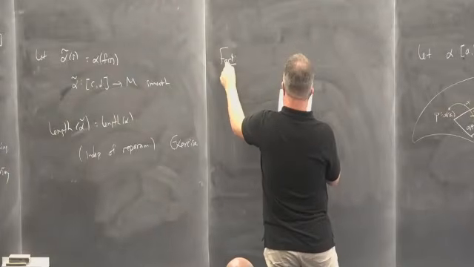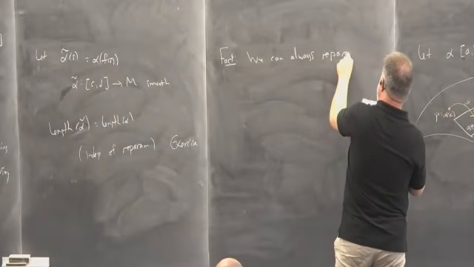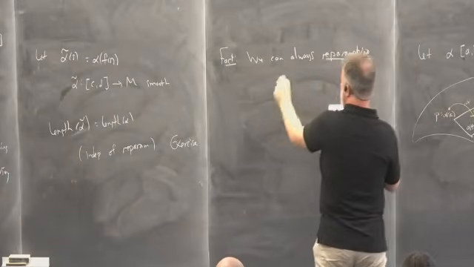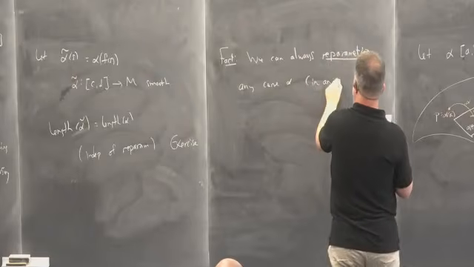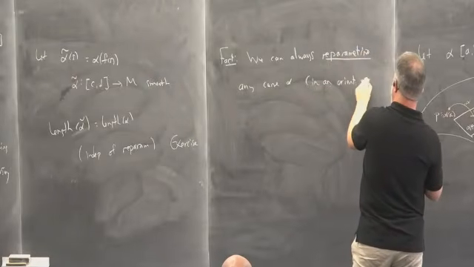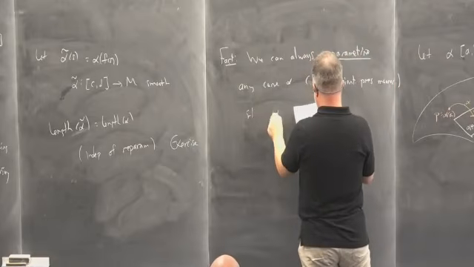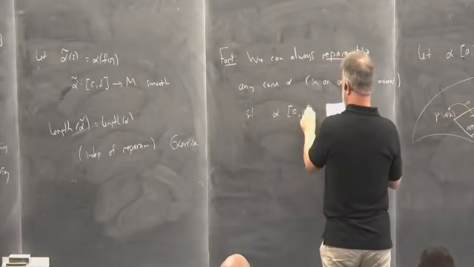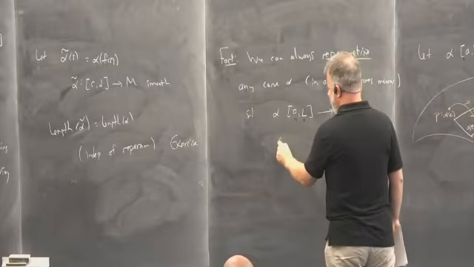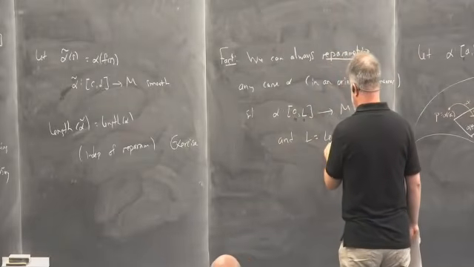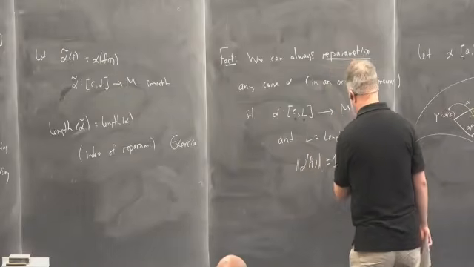So fact number 2, we can always reparameterize any curve alpha in an orientation preserving manner, such that, we can assume that the closed bounded interval starts at 0, and L is the length of alpha, and the speed is 1 for all t.